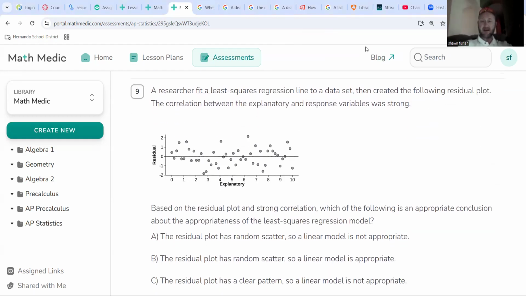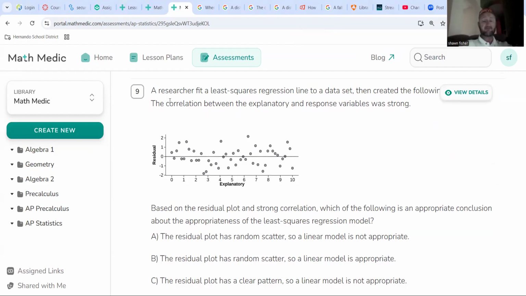All right, some of you guys may remember doing this. Again, pause the video. This is number 9. See if you remember doing residual plots. Remember, we did this all the way back during Halloween almost, and we did a pumpkin in a residual plot.